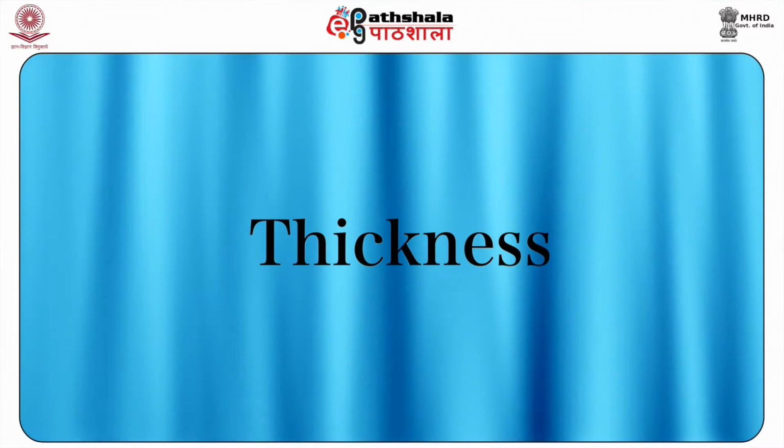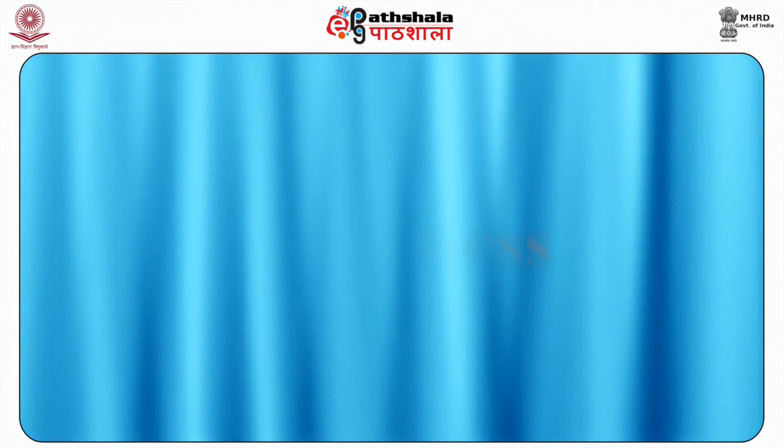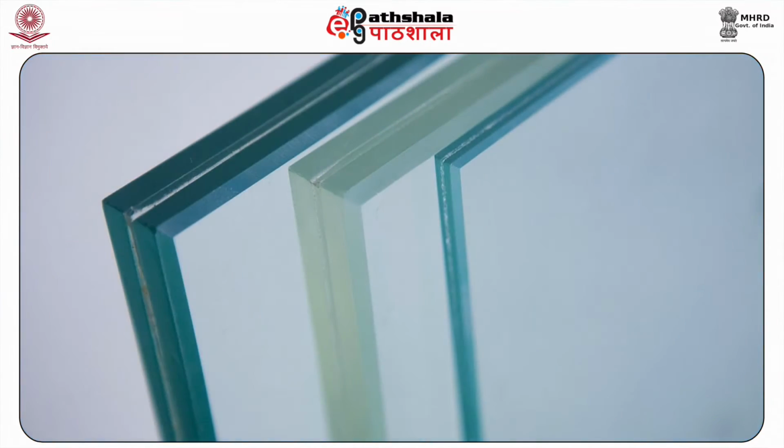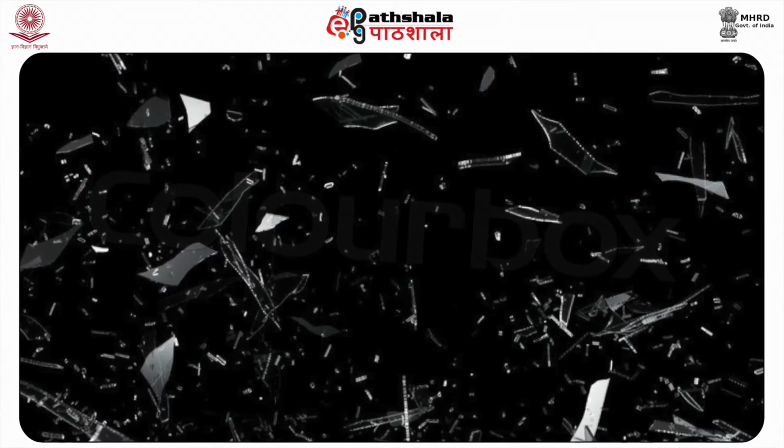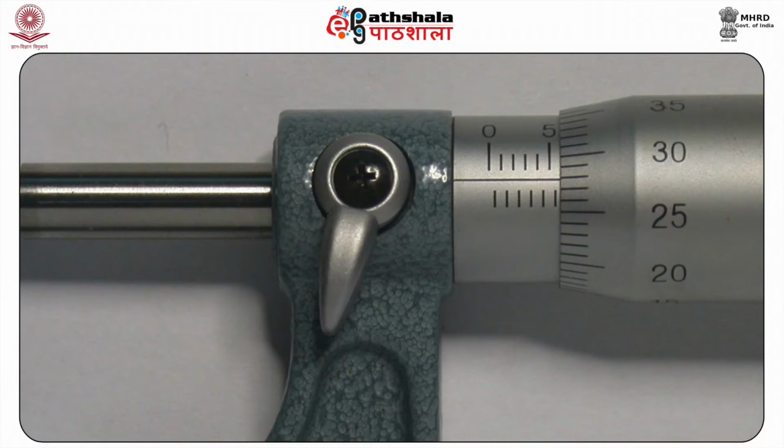Let us first come to the thickness of the glass. Now for a sheet of glass, if the pieces of the smaller sample have portions of both the surfaces present, then it becomes more useful to measure the thickness using a micrometer screw gauge.